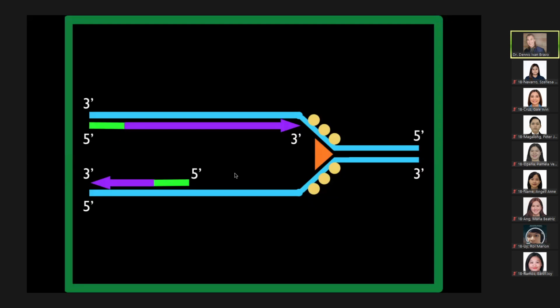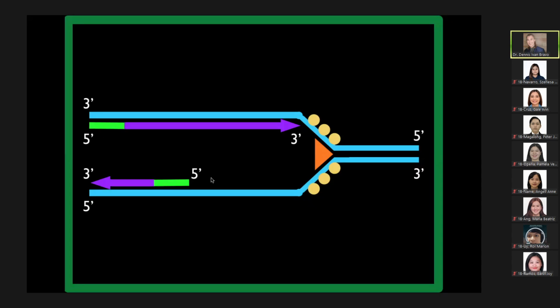Question: can we incorporate a nucleotide at the 5' end here? Yes or no? No po. No, tama. Kasi wala namang hydroxyl group yan. So the problem is, how do we now synthesize DNA here? That's a problem.